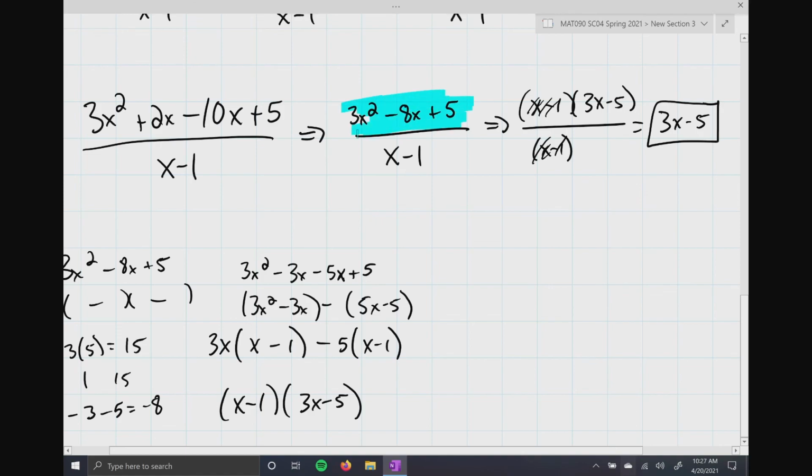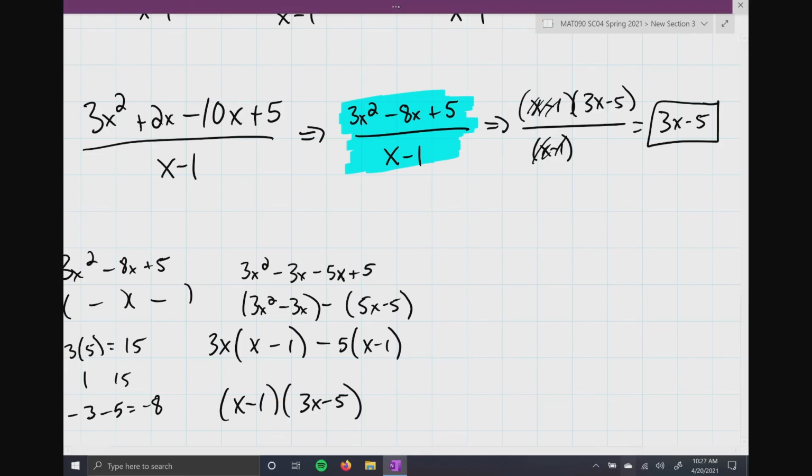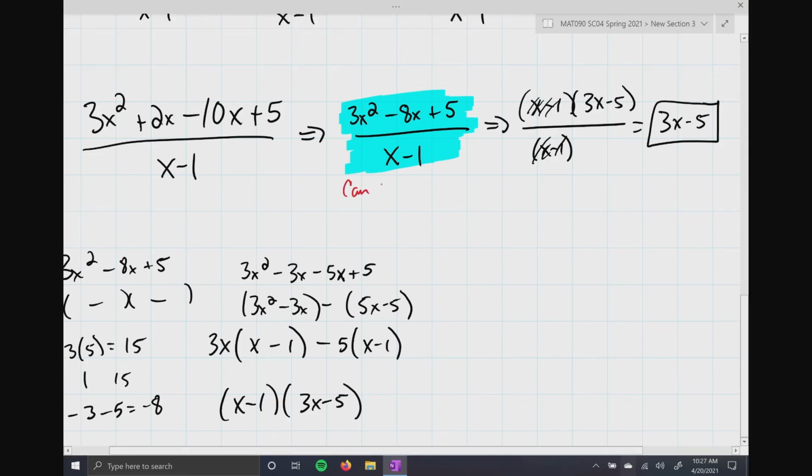After we combined our numerator, we found our like terms and all that stuff, right here, you always need to ask yourself, can I factor this anymore? Like I said, sometimes you'll be able to, like we did. Other times, you'll factor, but nothing reduces, and that's fine. This is that extra step that you need to take to make sure you got the correct result.